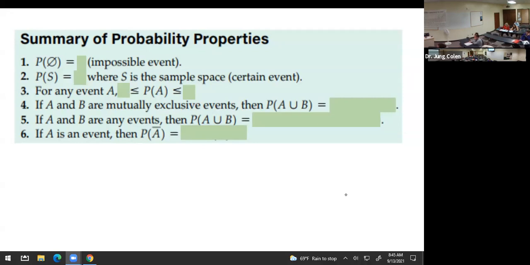If we draw a Venn diagram, you are right. So here is the sample space. In the Venn diagram, a long time ago we used it as universal, but now we are doing only the sample space. So basically, they are the same thing.